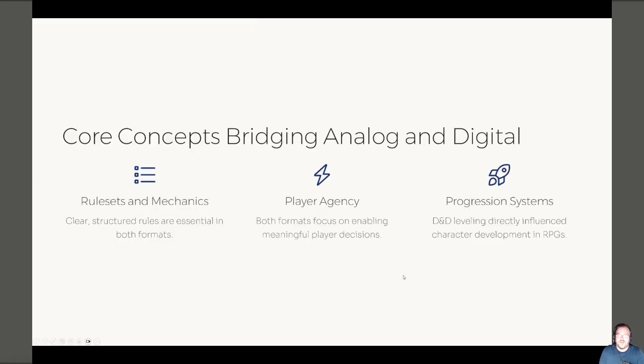So let's talk about the core concepts that you will see being bridged between paper design and digital design. Rule sets and mechanics. In video games, you have your game loop, the things that you'll be doing over the course of playing the game.